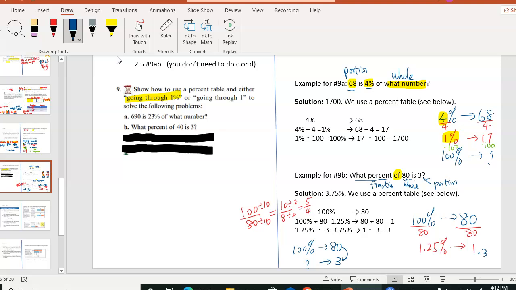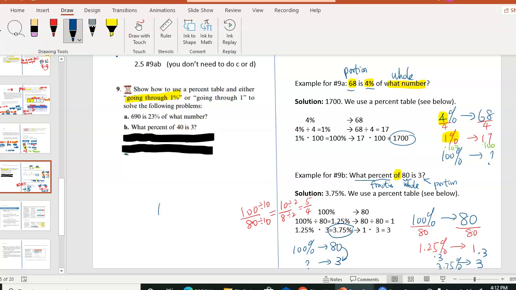Whenever you have the number 1 and you want to turn it to another number, you just multiply by that number. So we're going to multiply both the number and the percentage by 3. So 1 times 3 is 3, exactly the number given. The percentage is the one we're solving for. So 1.25 times 3 gives us 3.75%, which is the answer.